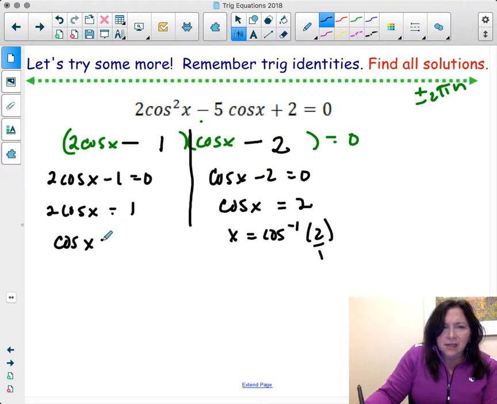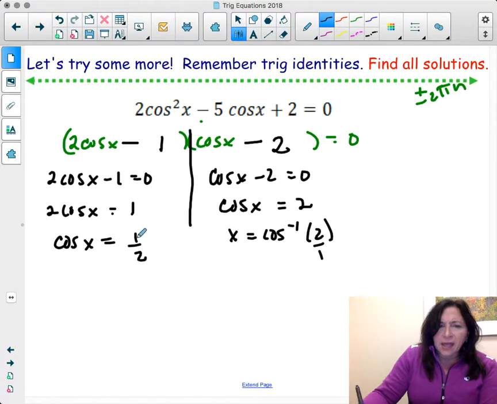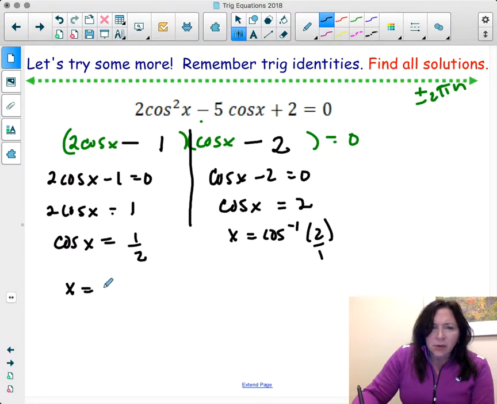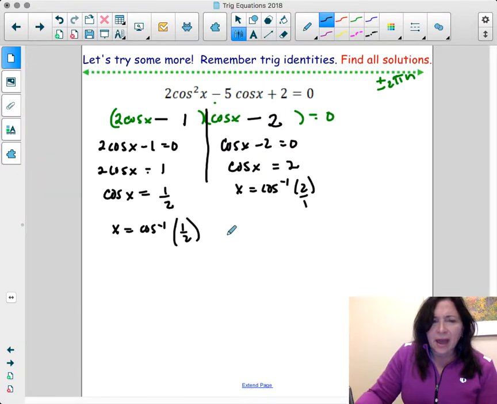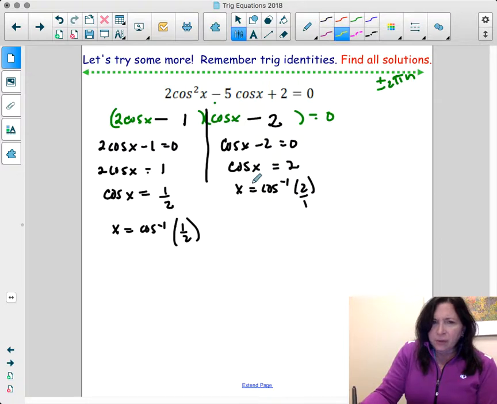Cosine of x is equal to 1/2. And x is going to equal arc cosine of 1/2. What this means is that I'm trying to find answers where cosine is 1/2 and 2. But does anybody see a problem with this one right here?